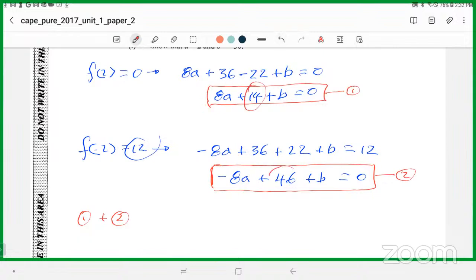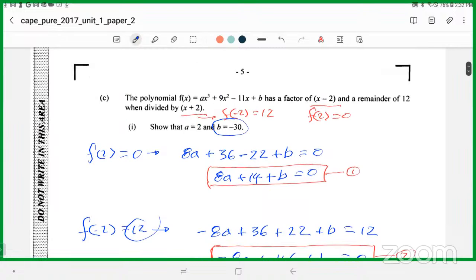Then this and this gives me 60. And b and b is 2b, equals 0. So carry over the 60, it becomes minus 60, divided by 2 would be equal to negative 30, as they said. See here? Negative 30.